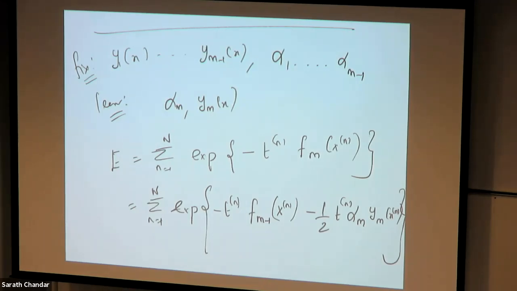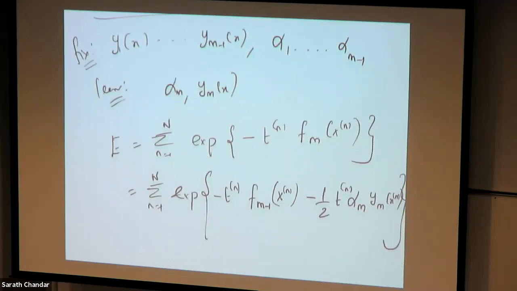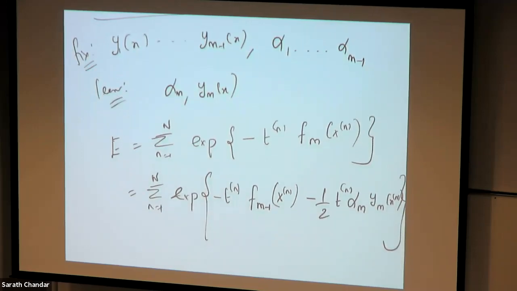So what have I done here? I have added the final classifier, the mth classifier. If you look at the actual equation, the mth classifier was added by multiplying by alpha m by 2, and I'm adding the mth classifier. Is that clear?